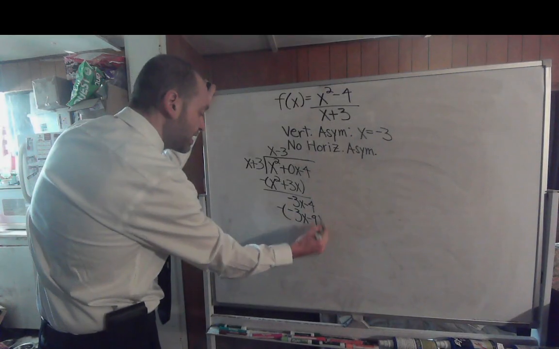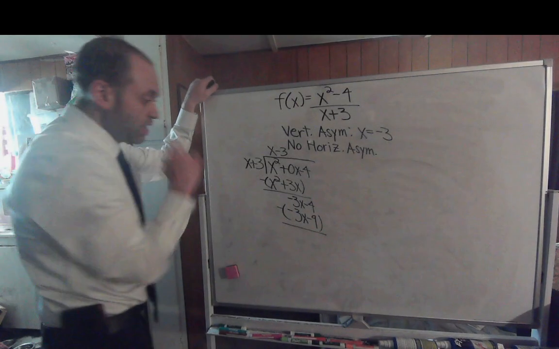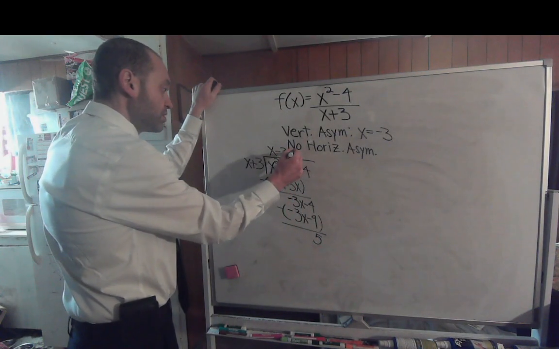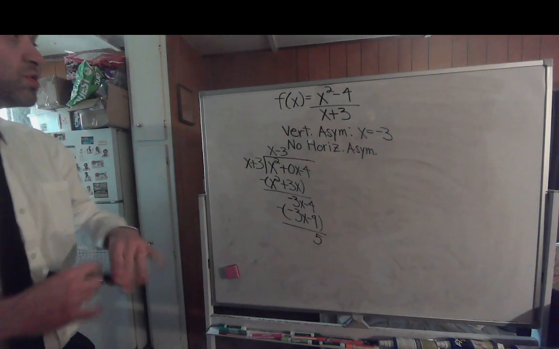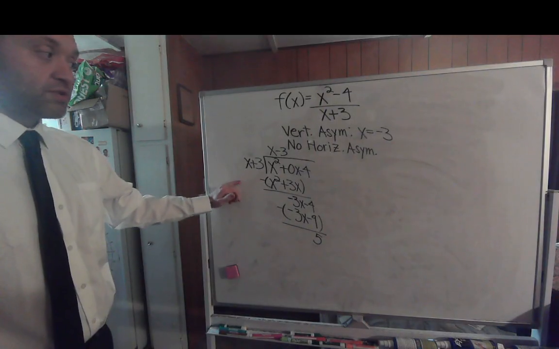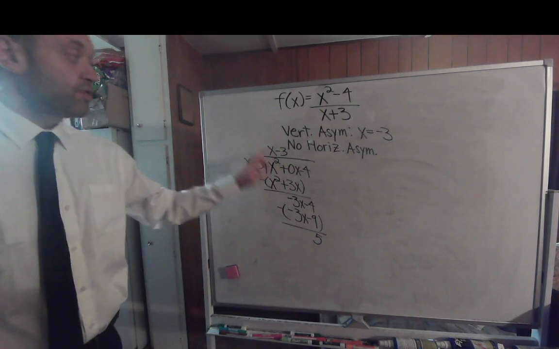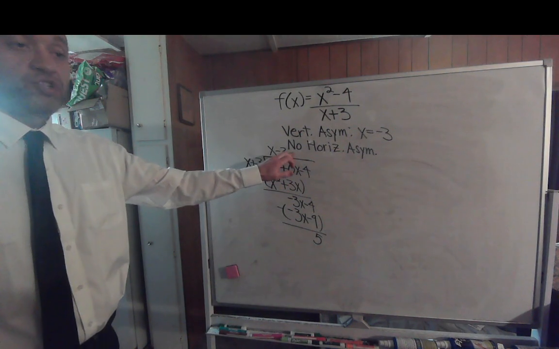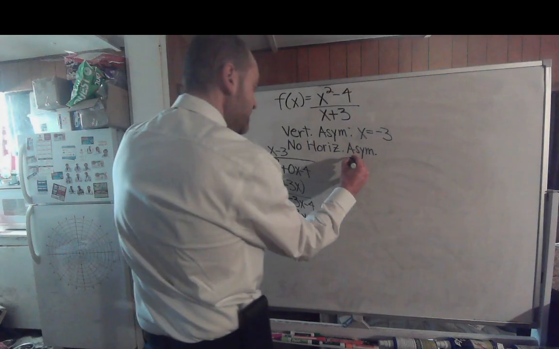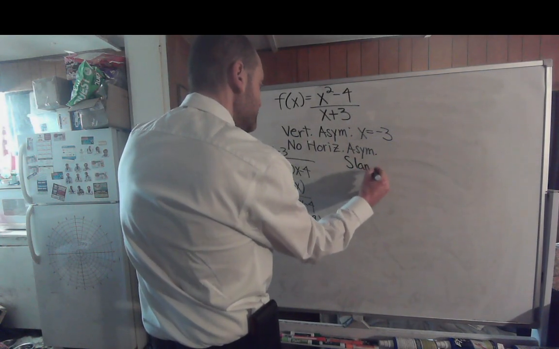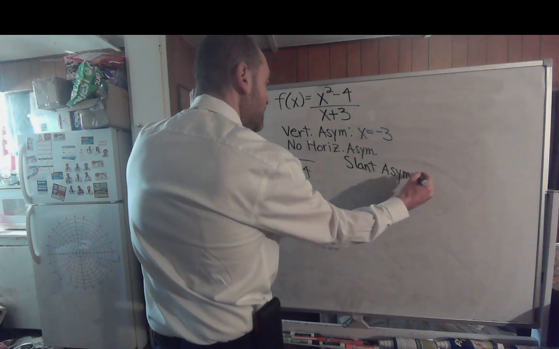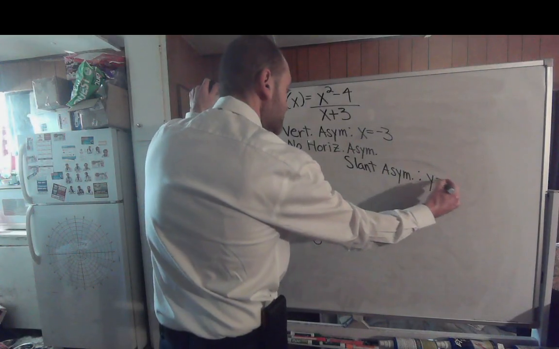Subtract, and you would end up with a remainder of 5. So you have what's called a slant asymptote. You do the long division, you ignore the remainder. You only care about what you got besides the remainder. So you're going to have a slant asymptote at y equals x minus 3.